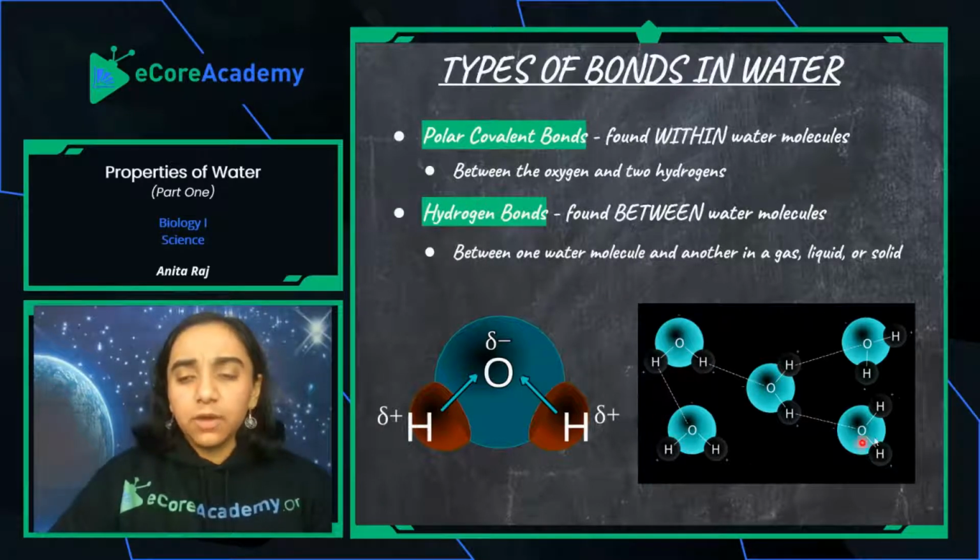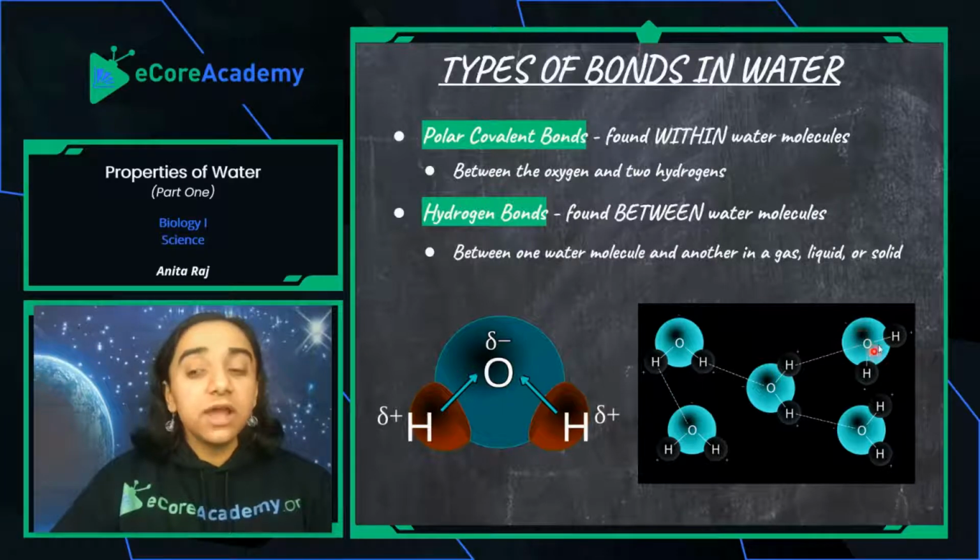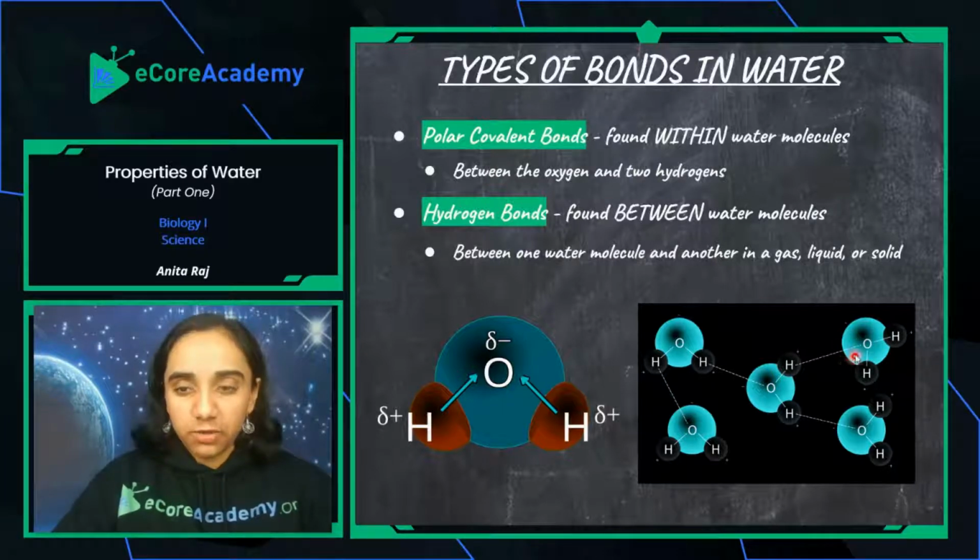Over here, I want to quickly show you what hydrogen bonds look like. You can see there are 5 water molecules in this picture, and they even depict the polar covalent bonds between the oxygen and the hydrogens. But you see there are these long lines between the water molecules, and these long lines are attached between the oxygen of one water molecule and the hydrogen atom of another water molecule.